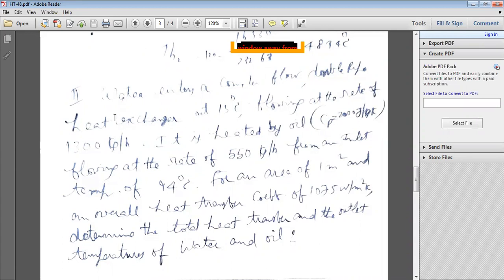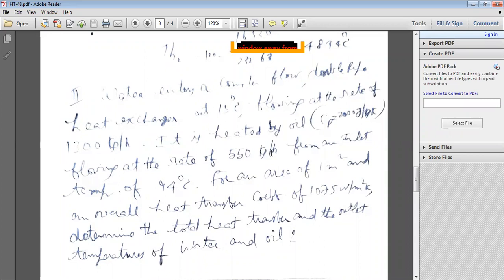Here the hot fluid is oil of specific heat 2000 joule per kg Kelvin. So cold water is heated by hot oil. Hot fluid is oil here, cold fluid is water here. The hot fluid is flowing at the rate of 550 kg per hour.